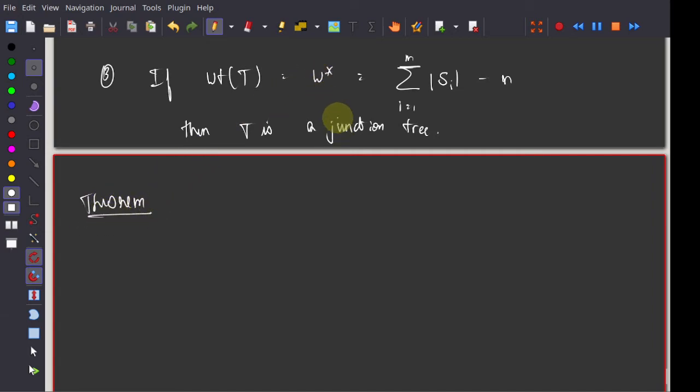So I've given you a procedure, but now really we don't know whether it is always going to be a junction tree or not. For that we need a proof, right?